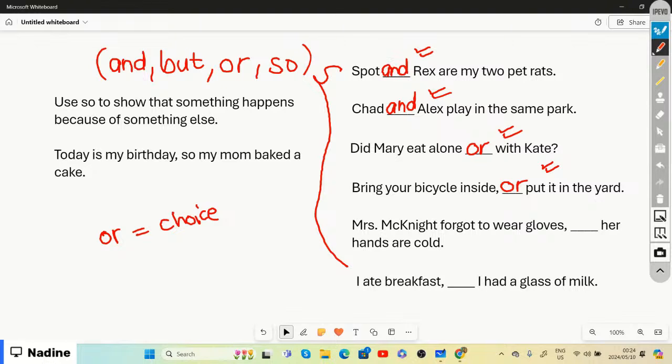So here we're going to say, Mrs. McKnight forgot to wear her gloves, so her hands are cold, which means that's the reason why her hands are cold, right?